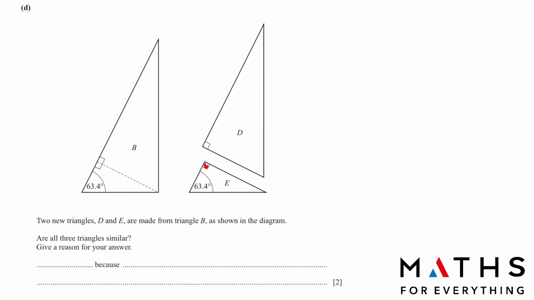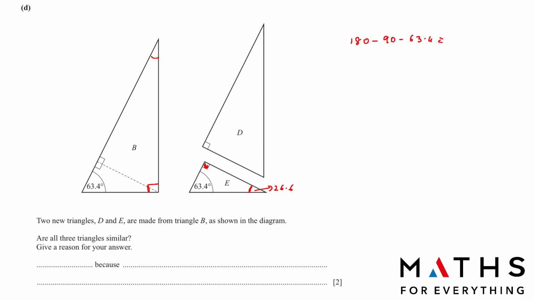This is 90 degrees. So what will this angle be? Do 180 minus 90 minus 63.4. We got 26.6. So this is 26.6. Now in the big triangle B, this is 90 degrees.